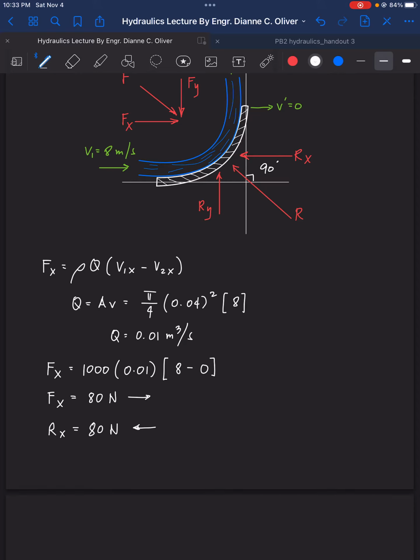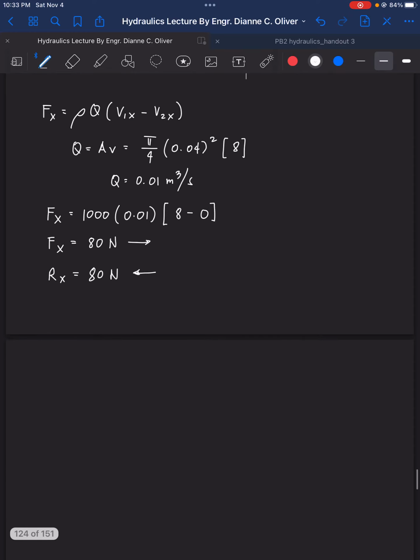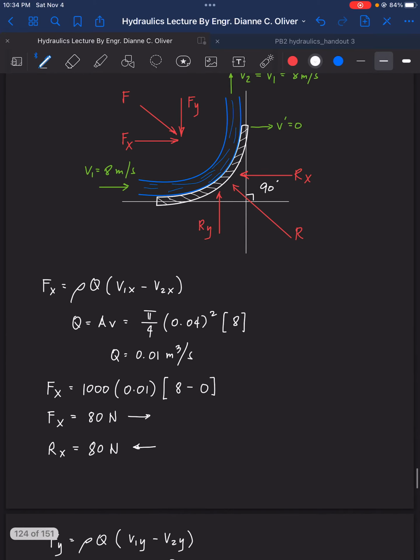Next, we need to find the Ry in order to get the value of R. Now, the formula for Fy is equal to rho Q times V1y minus V2y. So, density here is 1000 times 0.01 for the Q. V1y, do we have a y component for V1?